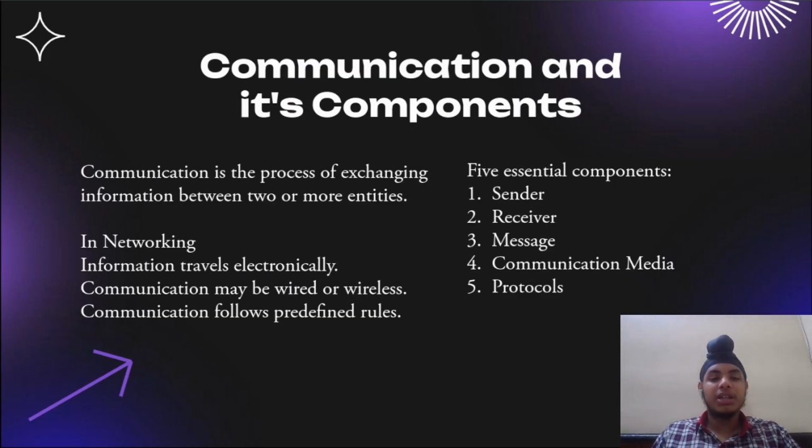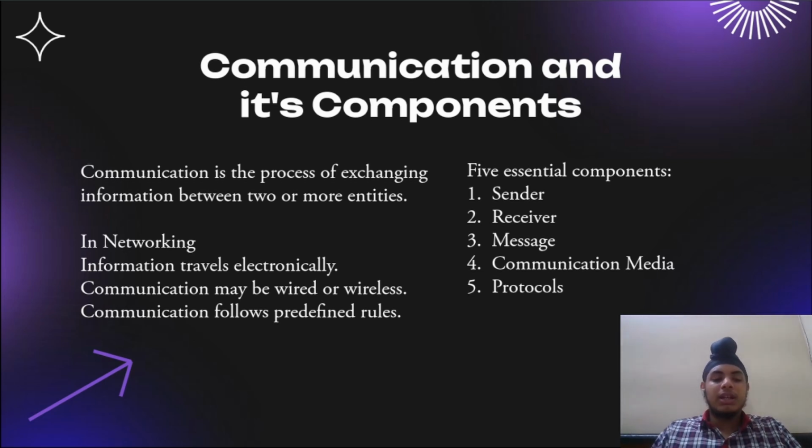What is communication? Communication is basically the exchange of information. It is the process of exchanging information between two or more entities, when two or more computer systems, networks, or computers within a network interact with each other. That is communication.